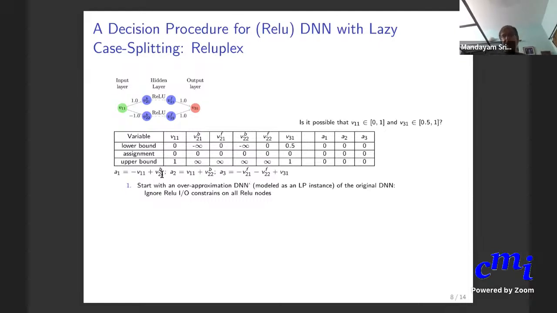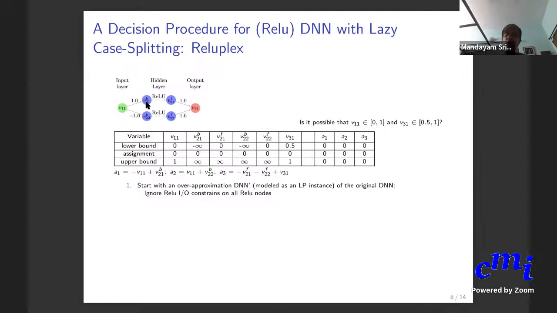To convert into the LP normal form, all those are put as part of the tableau by equating them to new additional variables. The additional variables here are A1, A2, and A3.